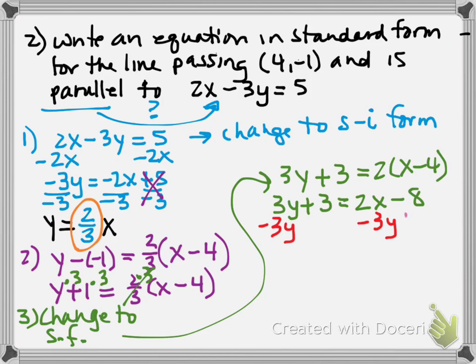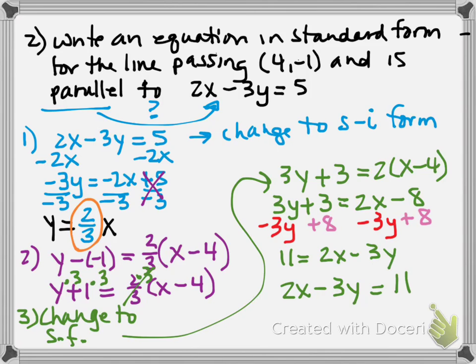At the same time, I need to get the constant to go on the other side, so I'm going to add 8 to both sides. What I have at this juncture is 11 equals 2x minus 3y. But that's not quite standard form. We just need to use the symmetric property, and our final answer would be 2x minus 3y equals 11.